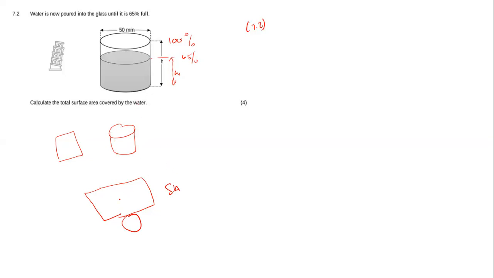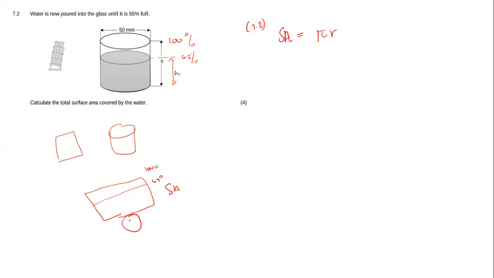To calculate the total surface area of this part, remember, we want from here to here. Remember, there it's 100% full, but here it's 65% full. So we're going to utilize this height over here. If you want to determine the total surface area of the whole cylinder, we say pi multiplied by r.